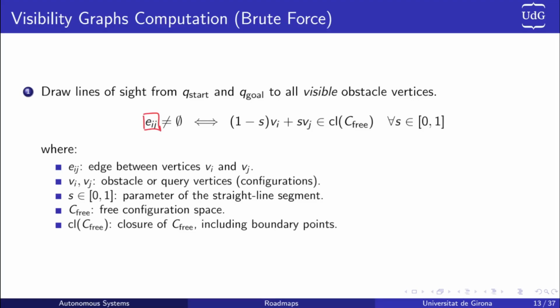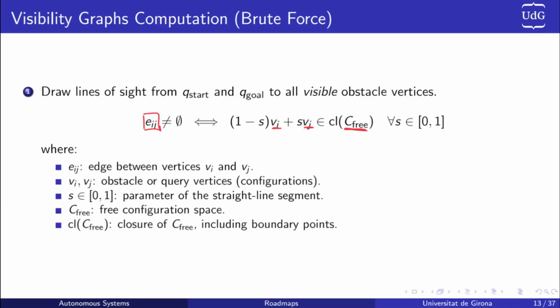Then what we are going to do is try to move from vertex i to vertex j continuously, or at least we will discretize this path, and if all the configurations that appear between vertex i and vertex j belong to the C-free, into the free space, then we will add this edge to our list of edges, okay?